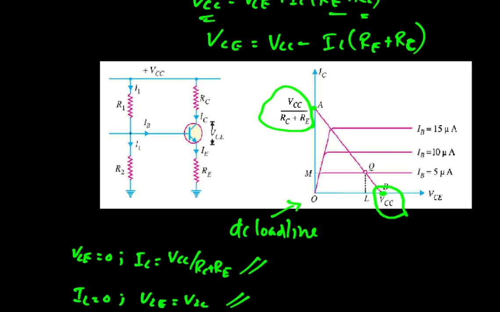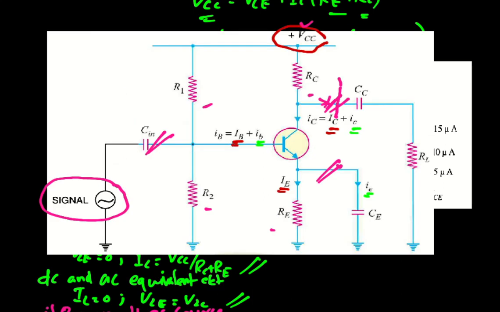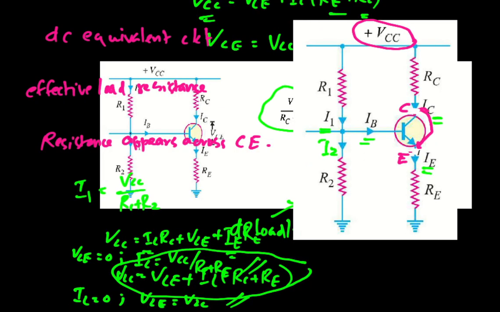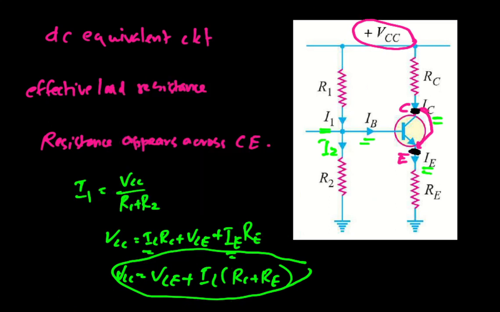When discussing the DC equivalent circuit, we have to do two things: remove all the AC sources and open up all the capacitors. Then we calculate the effective DC load resistance of the circuit, which we obtained as RC plus RE.